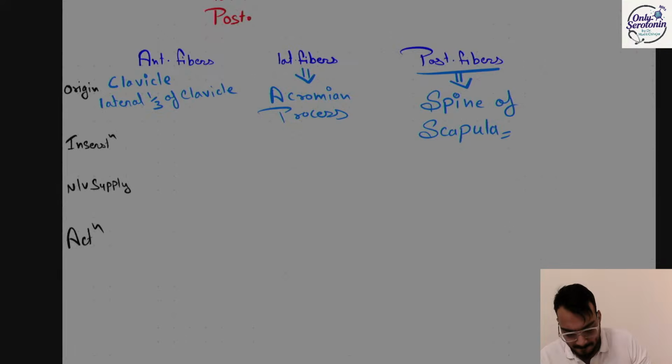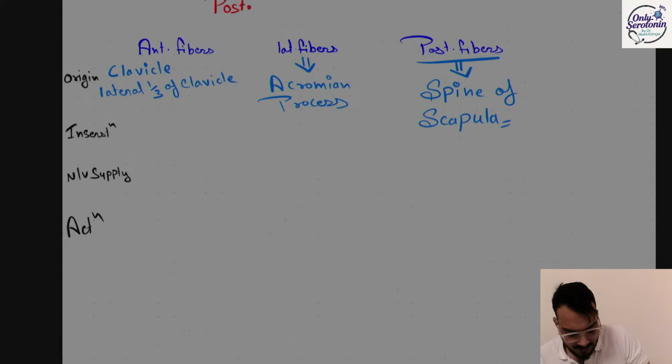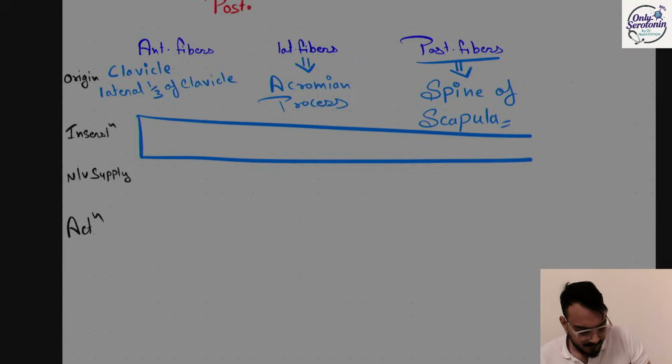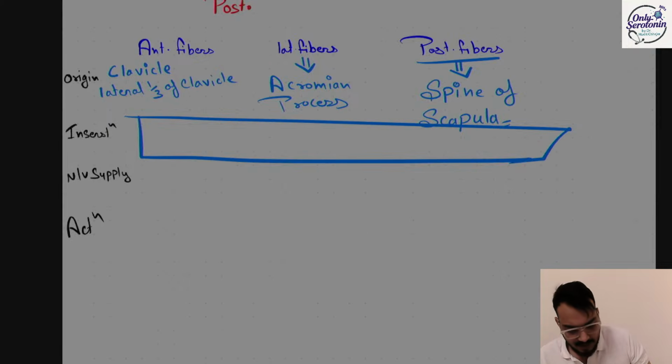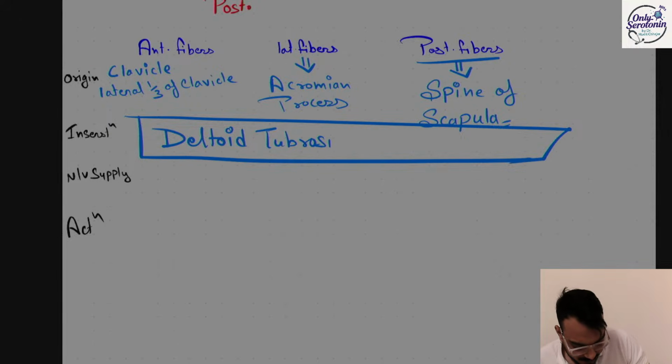Great. Insertion will be the same for everyone, and this insertion is the deltoid tuberosity. Where have we studied this deltoid tuberosity?